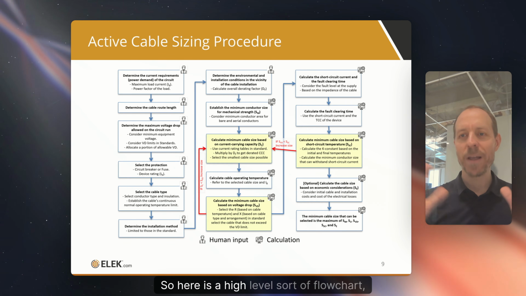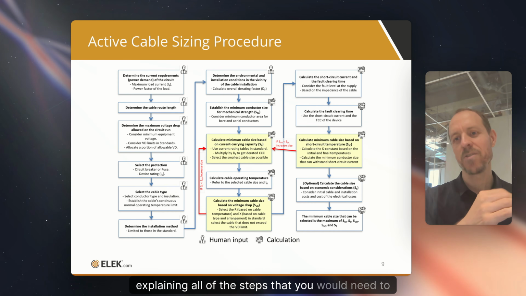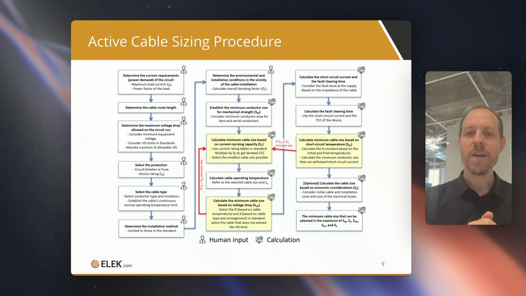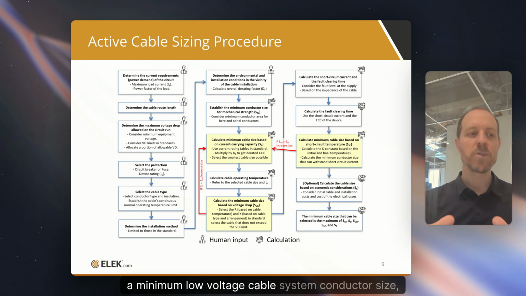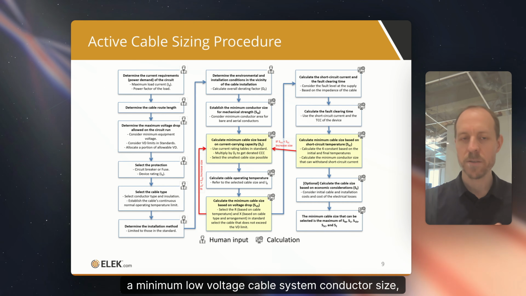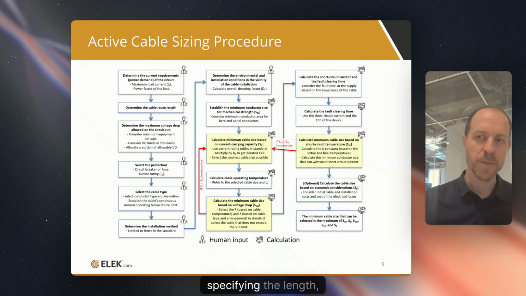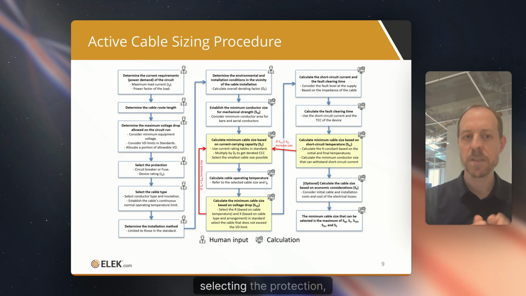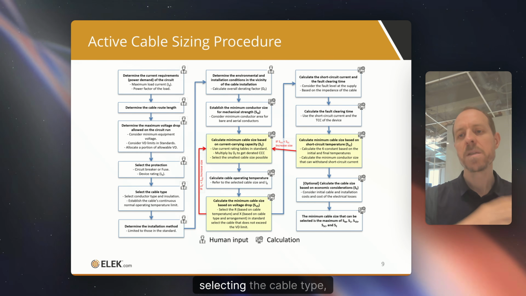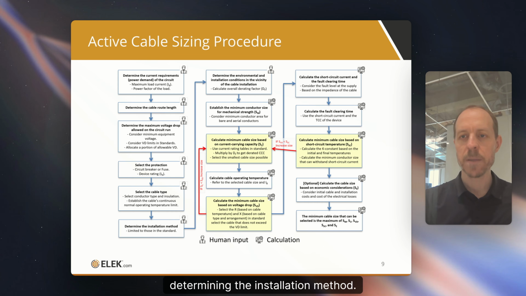So here is a high level flow chart explaining all of the steps that you would need to go through to calculate a minimum low voltage cable system conductor size, including collecting data, specifying the length, specifying voltage limits, selecting the protection, selecting the cable type, determining the installation method.